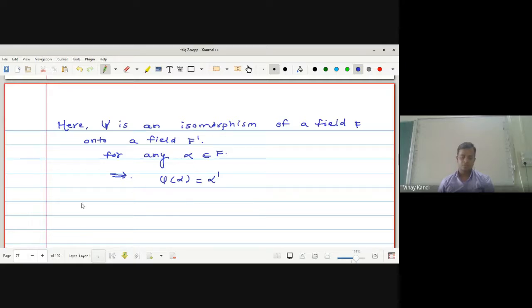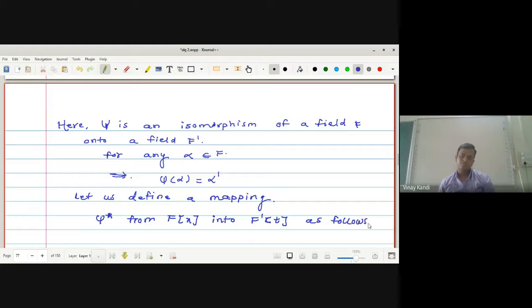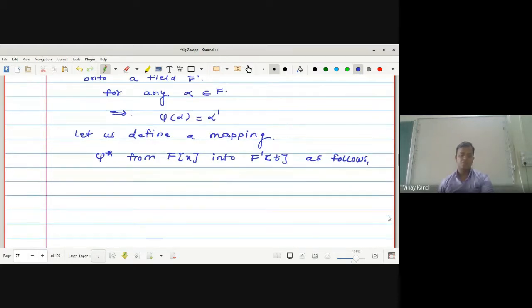Now let us define a mapping, psi star, from F[x], the ring of polynomials, into F dash[t], as follows. Now, for an arbitrary polynomial f of x, what will the elements be?